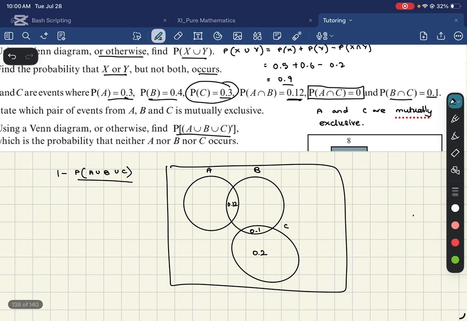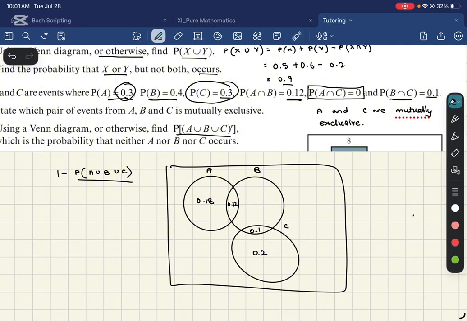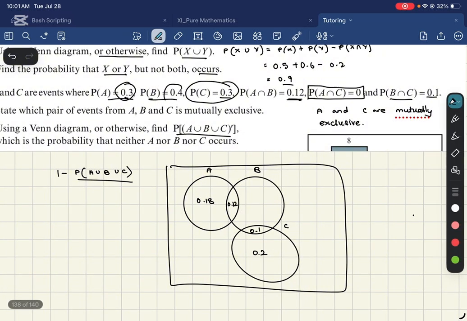And similarly, probability of A is 0.3 minus the intersection, right? So the probability of only A happening is 0.18. Why? Because I need to be able to add these two together to get 0.3. And what is the probability of B? Well, you add these two together, and then you need to subtract it from P(B), from 0.4.